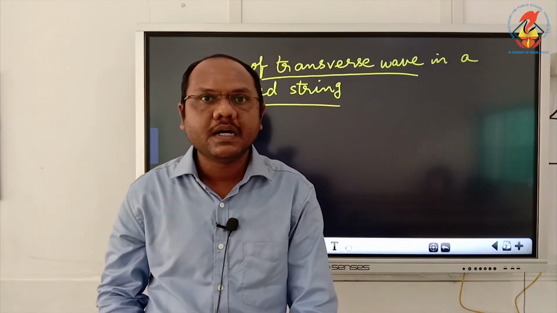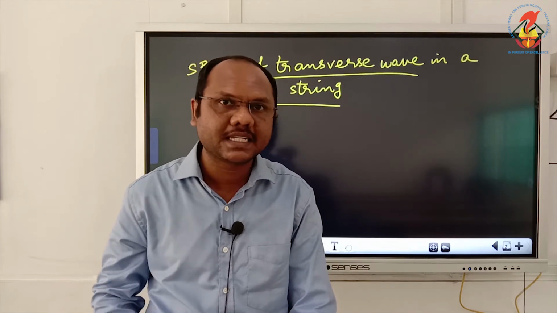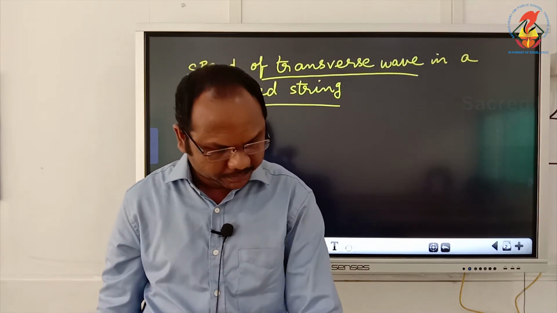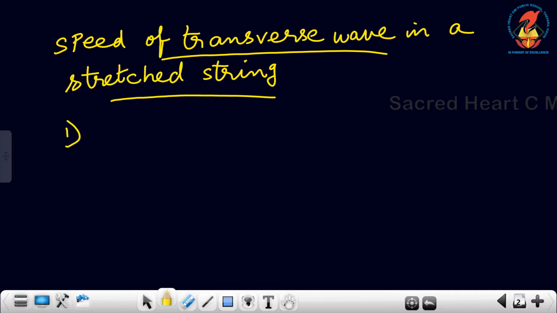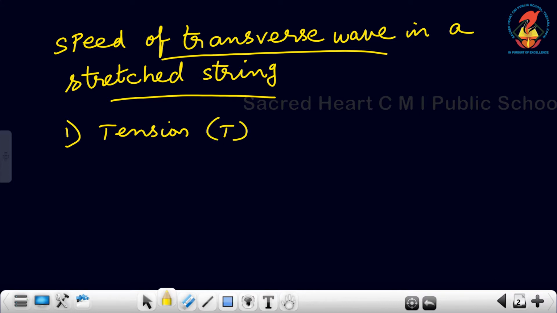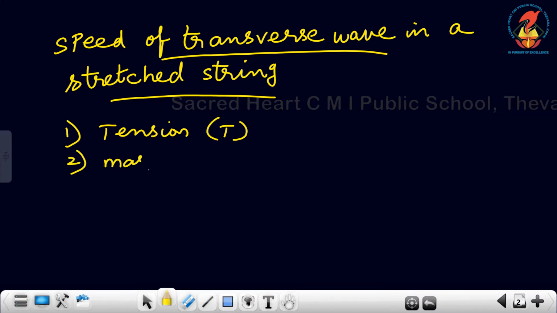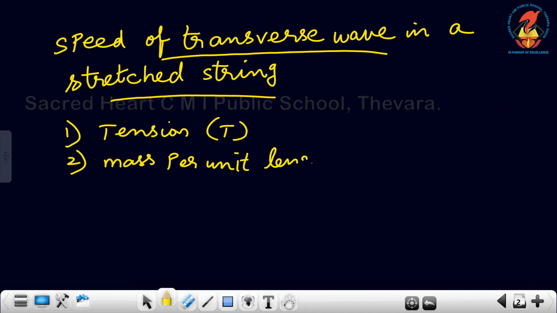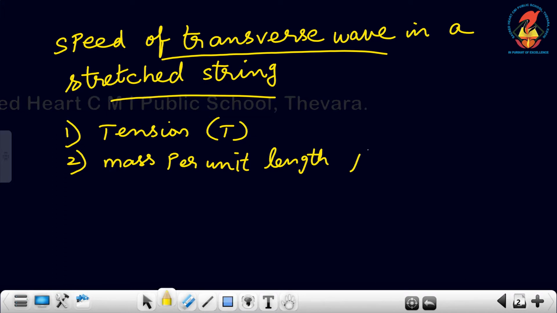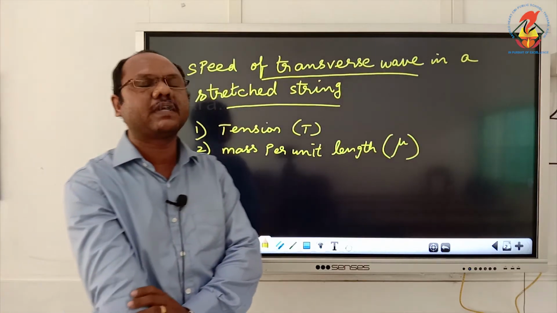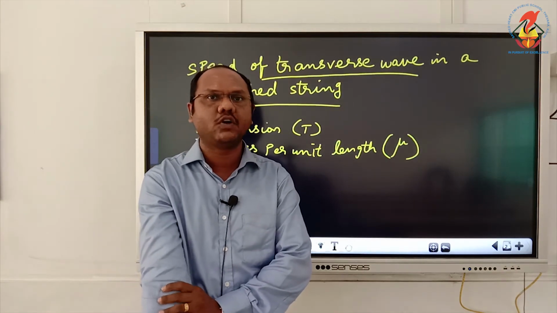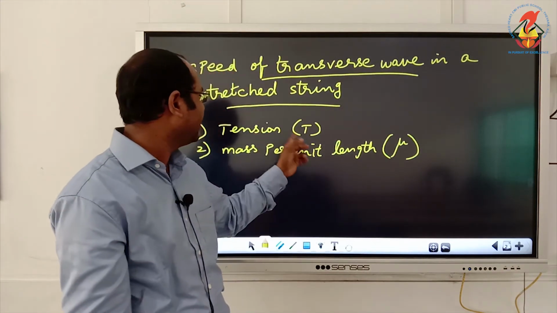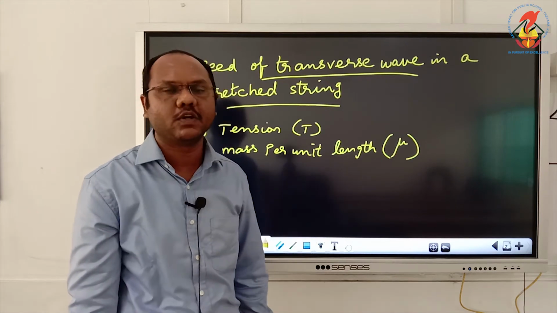So, the speed of transverse wave in a stretched string depends on two factors. The first factor is the tension of the string, and the second factor is the mass per unit length, denoted as mu.